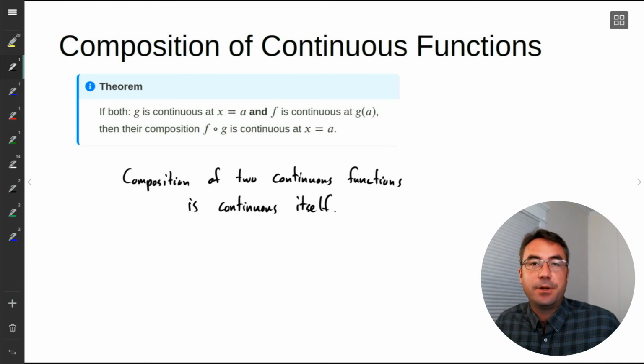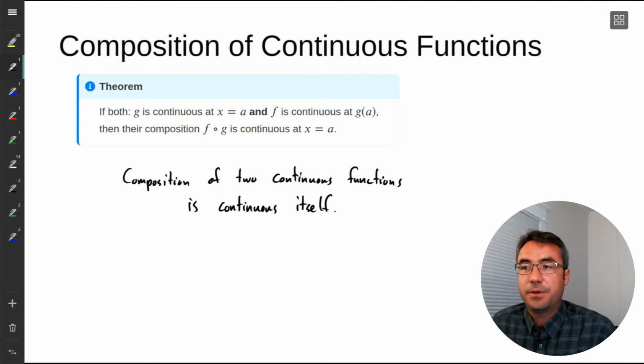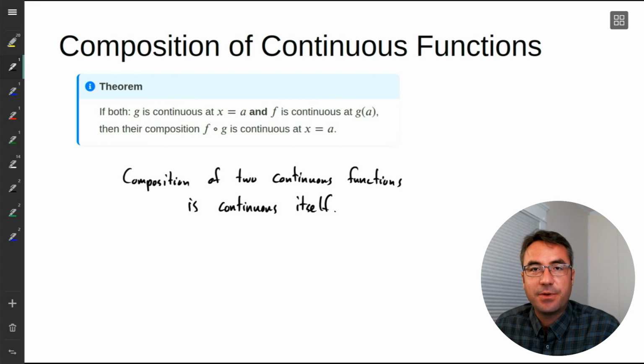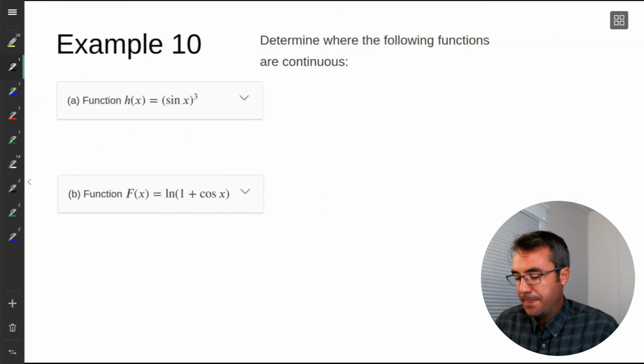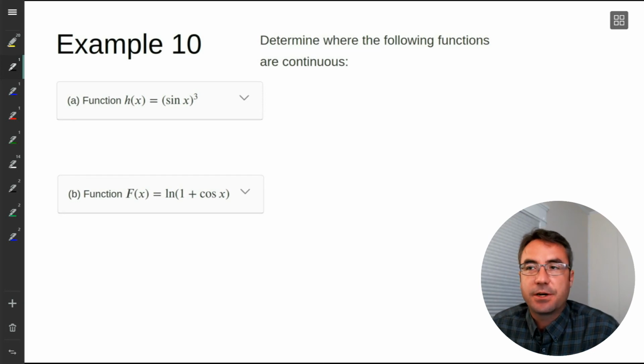So continuity works really nicely with composition. If we have two continuous functions and we form their composition, then the result is going to be continuous as well. So let's try a couple examples where we figure out where these functions are continuous.